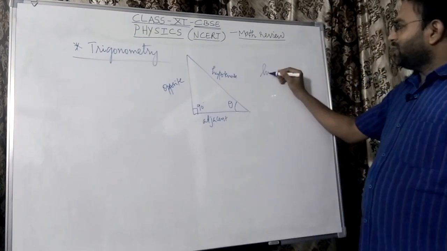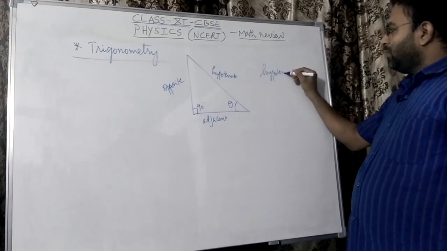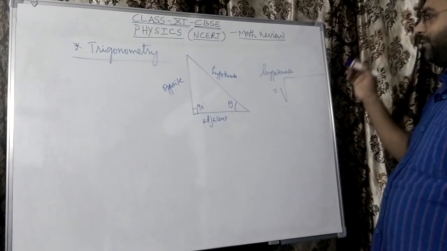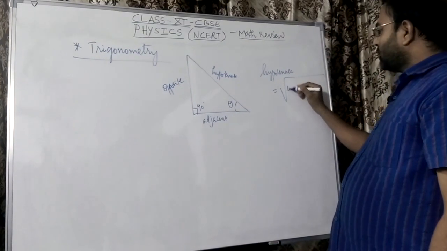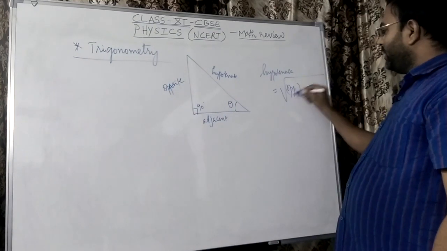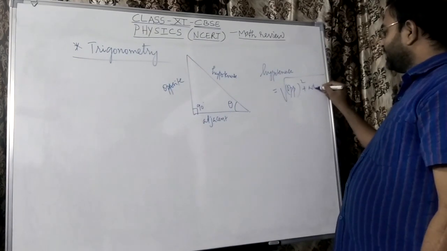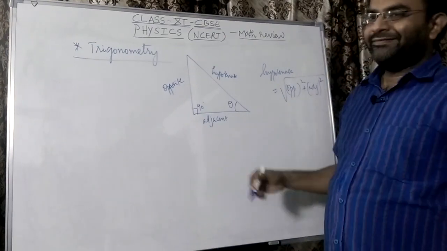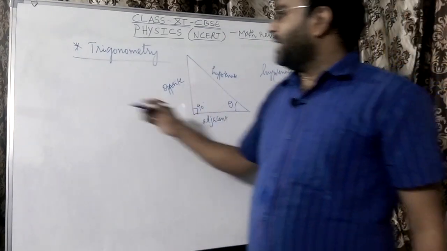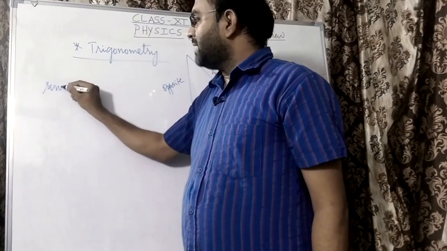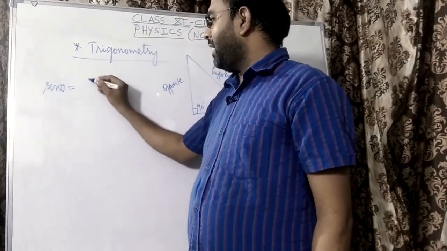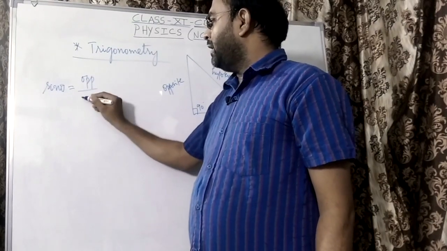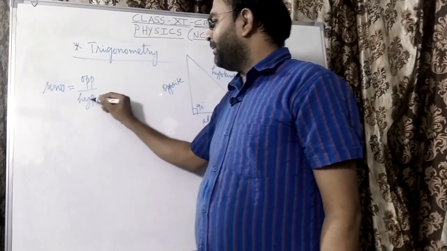And your hypotenuse side obeys the Pythagoras theorem, and you can get it as the square root of opposite side squared plus the adjacent side squared. Then you can define angles. Sine of this angle theta is given by opposite side over hypotenuse.